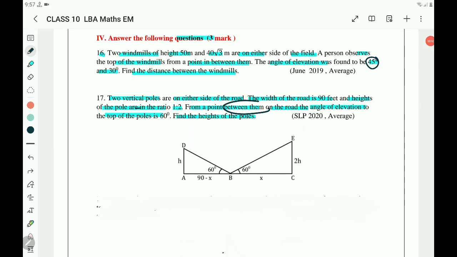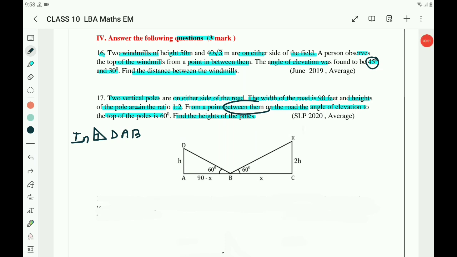Now you take any one of the right angle triangles. So I can take this triangle first. You write in the right angle triangle DAB, here h is to be found out. It is given in terms of x, 90 minus x. For this 60 degree angle, this is the opposite side, this is the adjacent side.